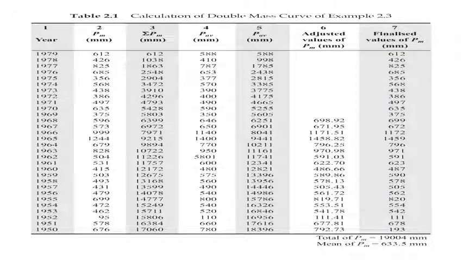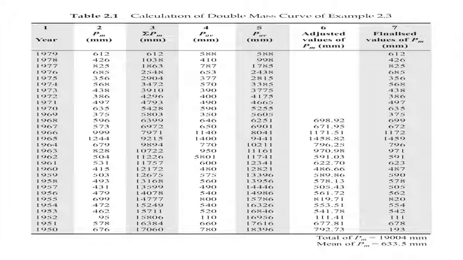Column number 2 refers to the given annual value of rainfall data in station M. The annual rainfall value of station M in 1979 is 612 mm, in 1978 is 426 mm, and so on and so forth.